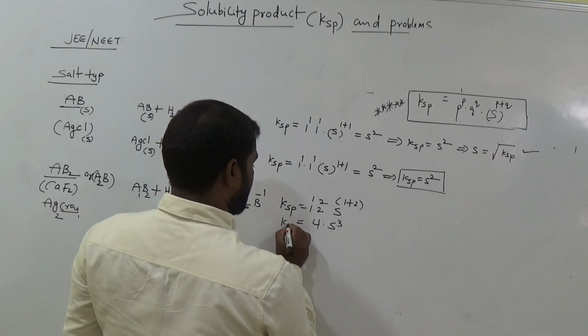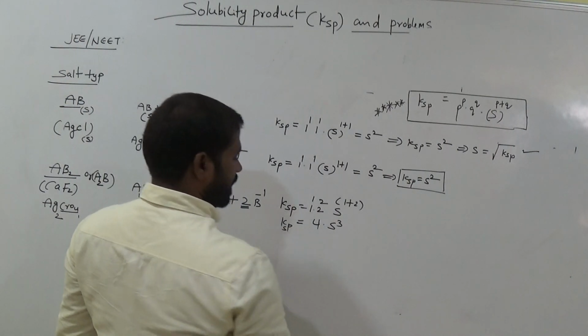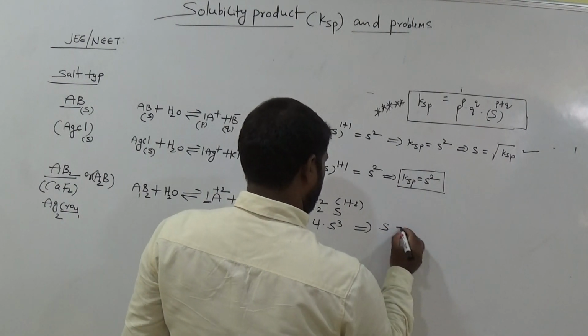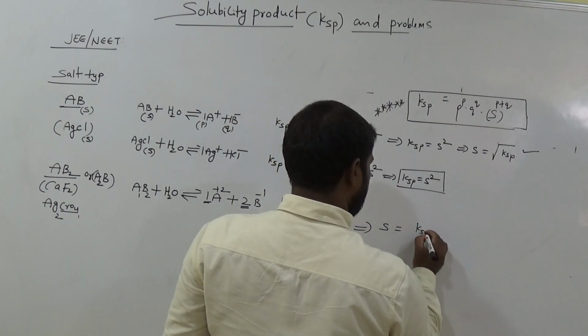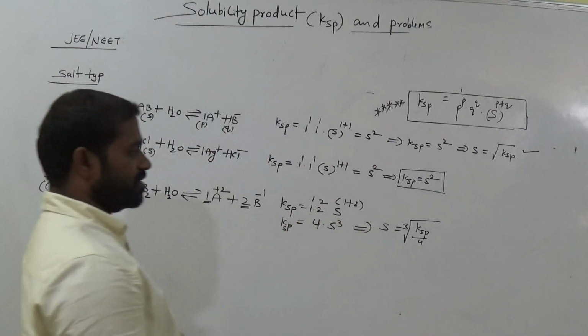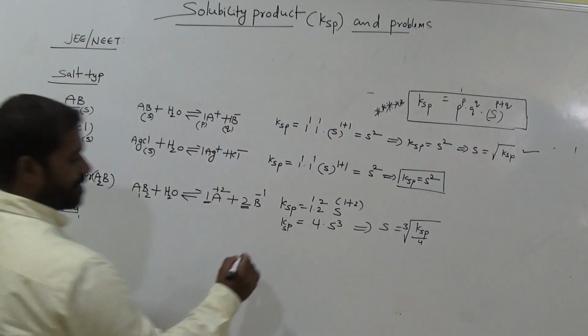S cube. Ksp equals 4S cube. From this one, what is S? S equals Ksp by 4, cube root, am I right? Cube root, clear?